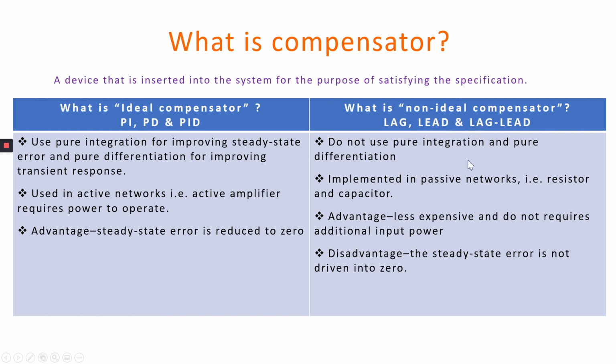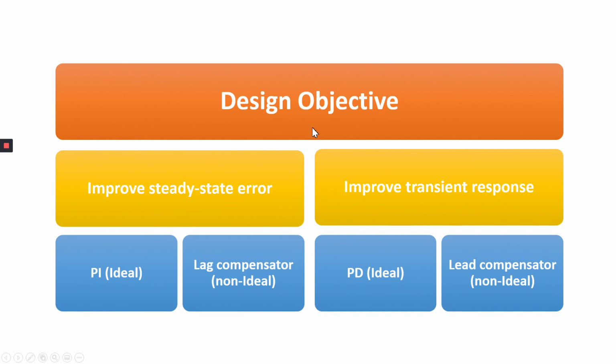Advantages of passive networks are that they are less expensive and do not require additional power sources for their operation. Their disadvantage is that the steady state error is not driven to zero in cases where ideal compensators yield zero error.